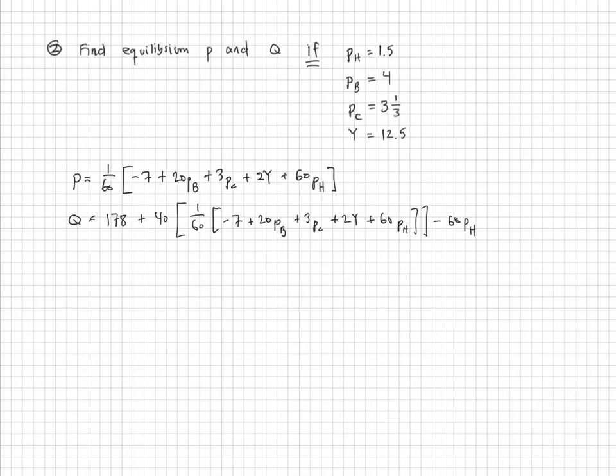Okay, so now we're supposed to find the equilibrium price and quantity if pH equals 1.5, PB equals 4, PC equals 3 1/3, and Y equals 12.5. So now it's a simple exercise of just plugging these values in.